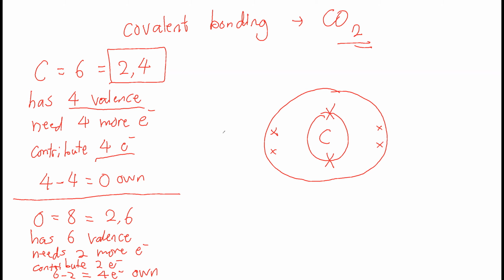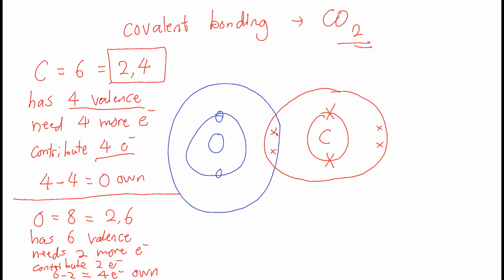So for the oxygen atom, it would have 2 electrons of its own in the innermost shell, and in the outermost shell it would have 4 electrons of its own. So let's draw 1, 2, 3, 4, and then another 2 electrons in the bond.